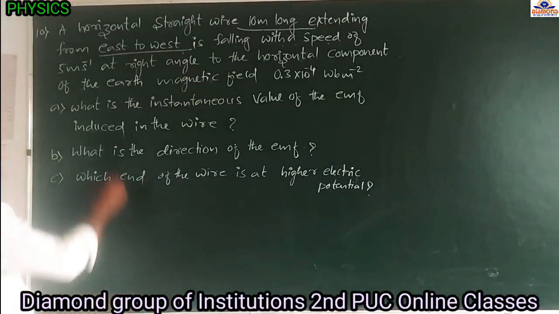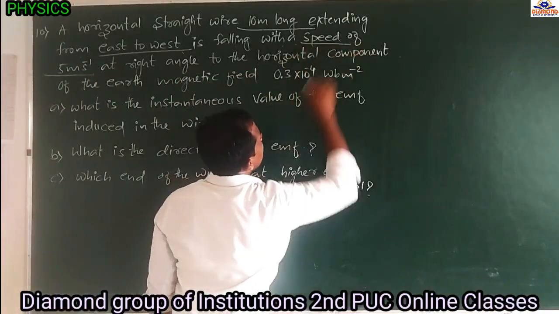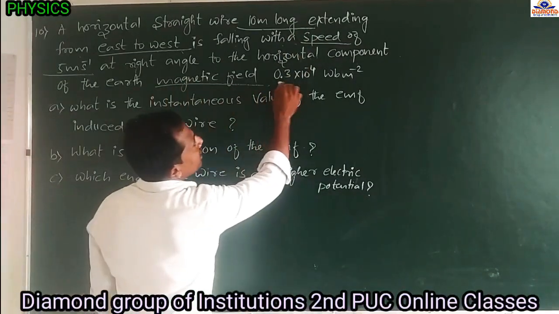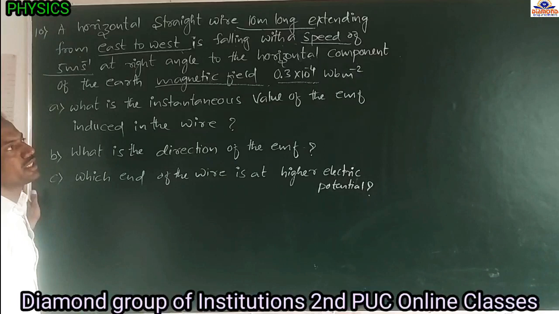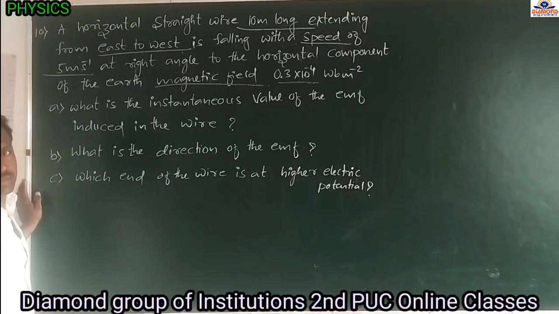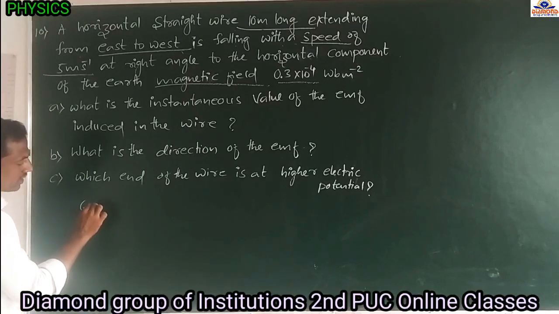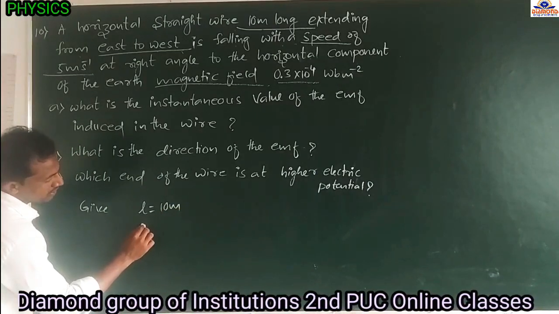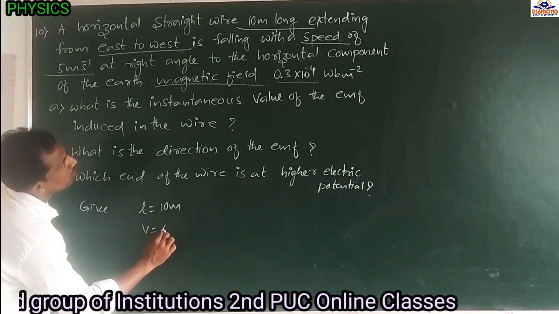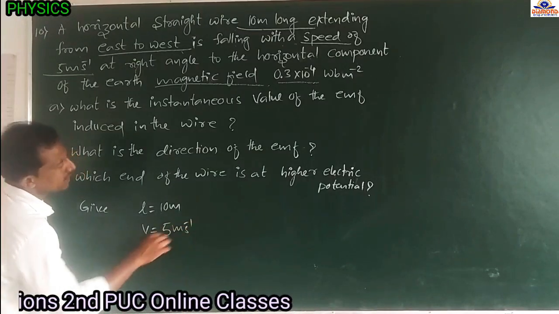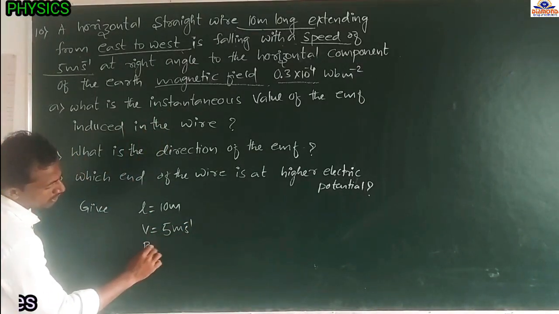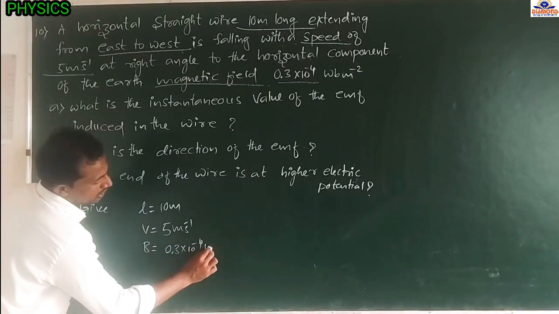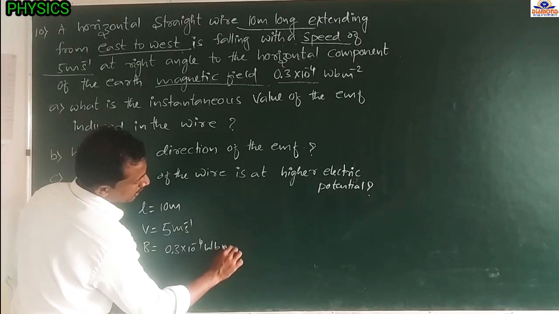L value is given, 10 meter long. Speed is given in meter per second. Magnetic field is 0.3 into 10 to the power of minus 4 Weber per meter square. So the given data: L equals 10 meter, speed V equals 5 meter per second, magnetic field B equals 0.3 into 10 to the power of minus 4 Weber per meter square.